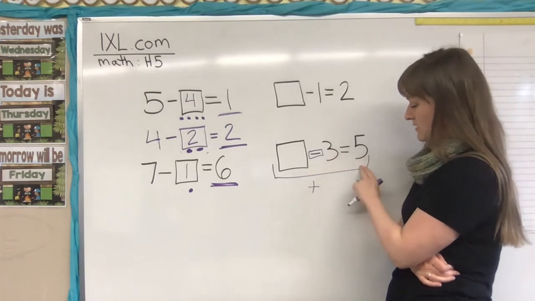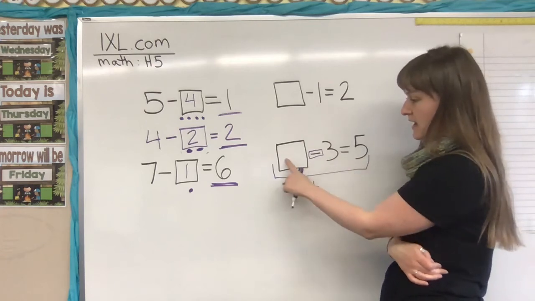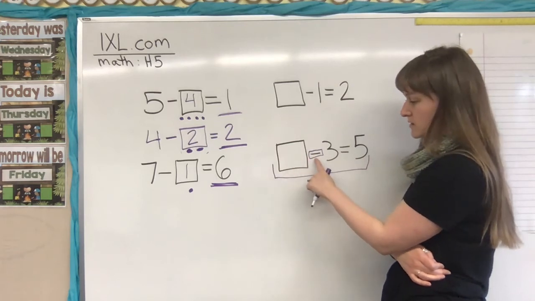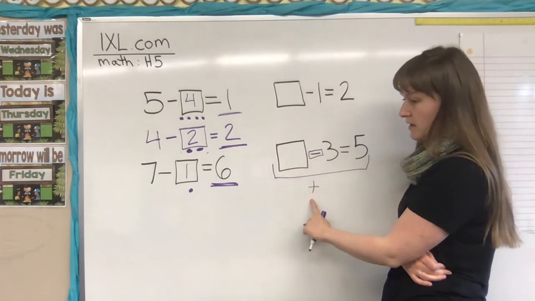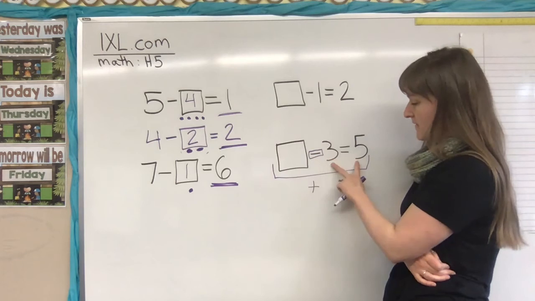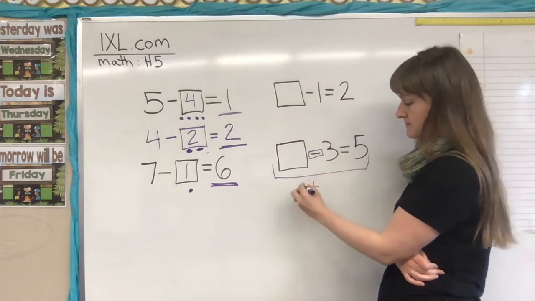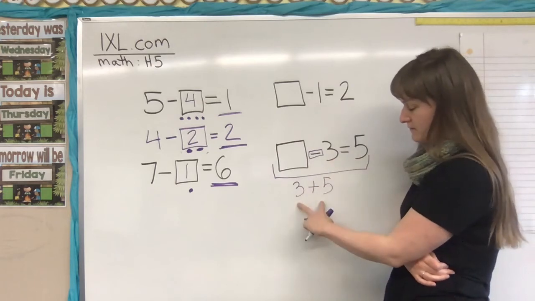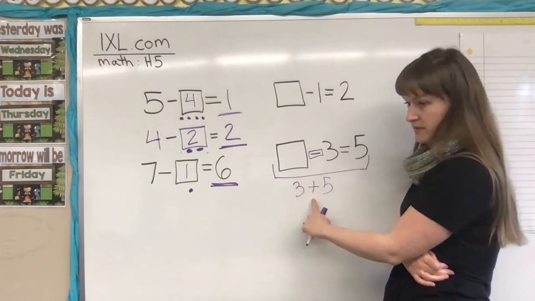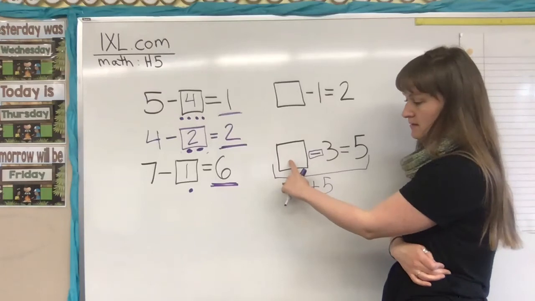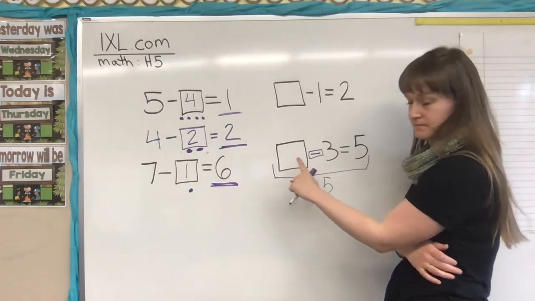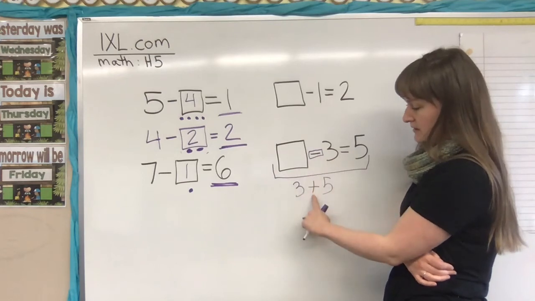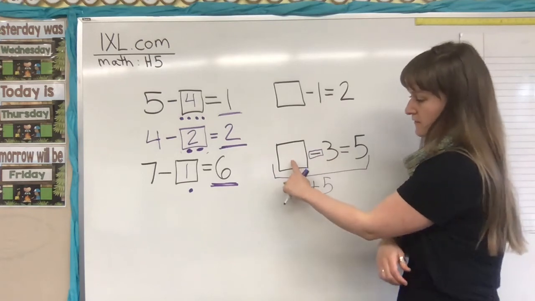We have a number and we have an answer. To find the first number in an equation when you're subtracting, you have to do the opposite. Take the numbers that you have and do the opposite if you are missing your first number.